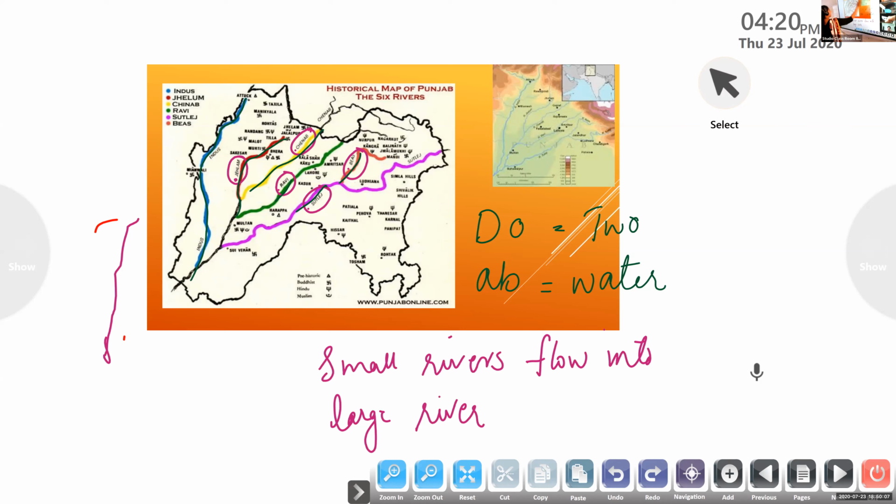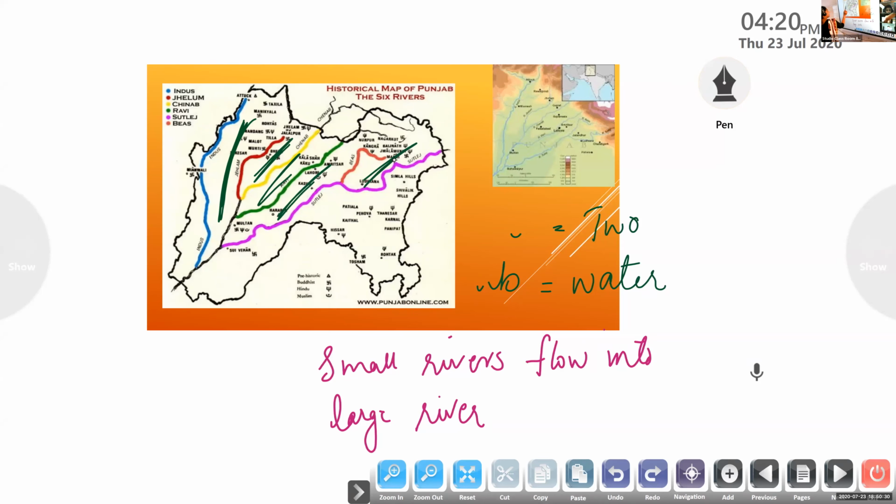Here we have 5 rivers, Jhelum, Chenab, Ravi, Beas, Satluj, the 5 tributaries of the river Indus. In between these rivers we have land, plain area. So Doab means land between 2 rivers. I hope you understood the meaning of Doab, right? Yes, ma'am. So, Punjab plain is dominated by dash.